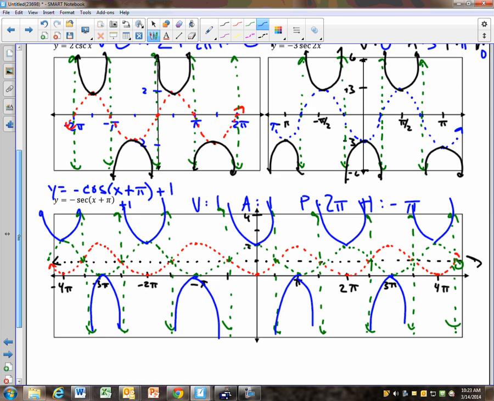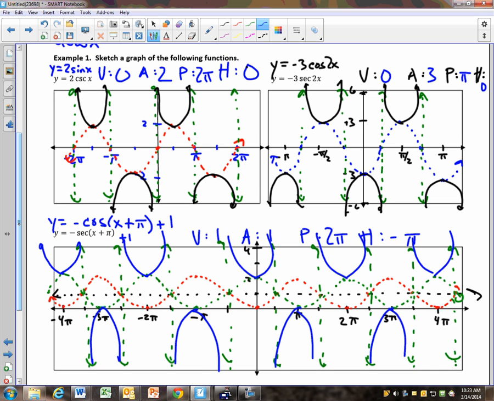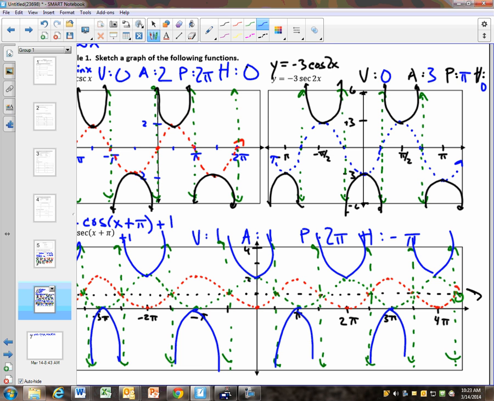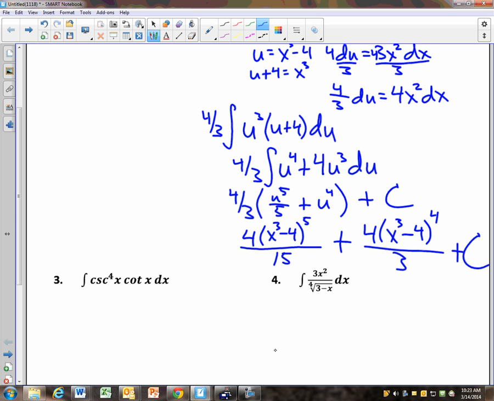That was fun. Larissa Hacker thinks graphing secant, cosecant is fun. You are officially a math nerd. Very good. All right, I'm with you. I think it's fun too. And next year you'll look back at your math and be like, I remember doing u substitution. That was fun.